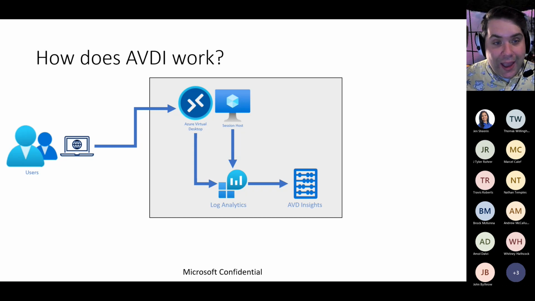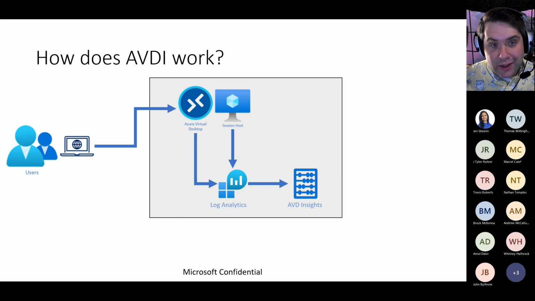So in our case, AVDI has those two areas as its primary source of data. So the infrastructure element of it, you may have seen when you're creating a host pool or later when you're enabling diagnostic settings, there are those checkboxes that allow you to send diagnostic information from the infrastructure itself into Log Analytics. This option populates things like the connection history table.